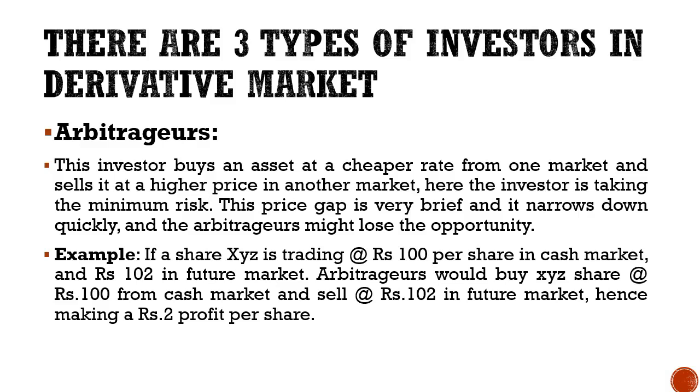So the arbitrageur is nothing but an investor who buys an asset at a cheaper rate from one market and sells it at a higher price in another market, and thus earns the difference, which is the profit. This is the first type of investor in derivative market.